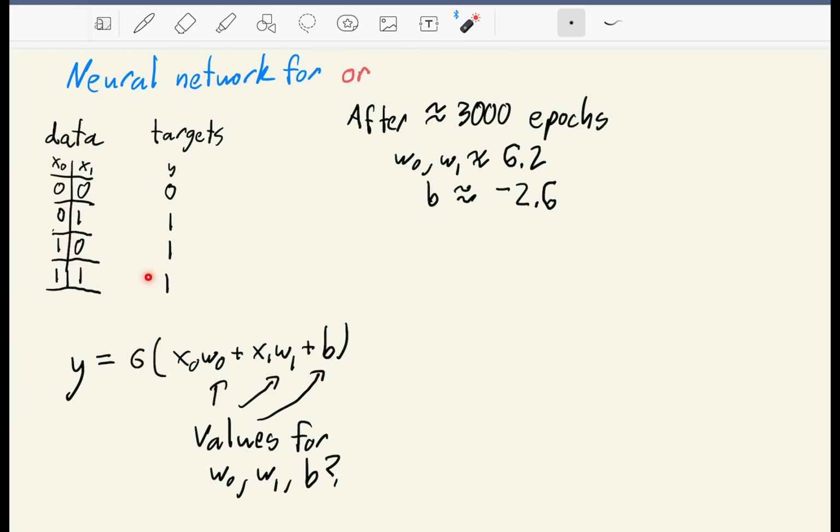And so part of the reason I wanted to try it for this simpler neural network, this really small neural network, is because it's small enough that we can just see explicitly what's happening. So you can think of this as 6.2 x0 plus 6.2 x1 minus 2.6.